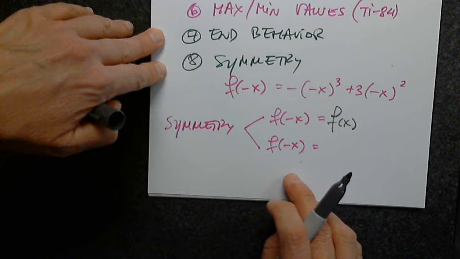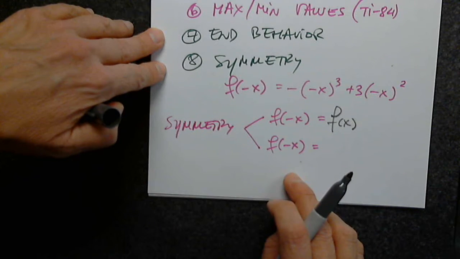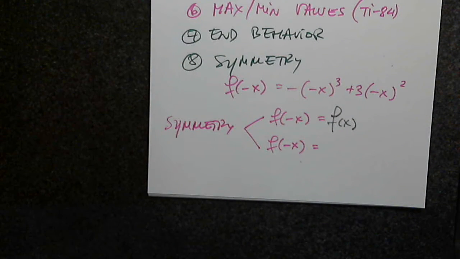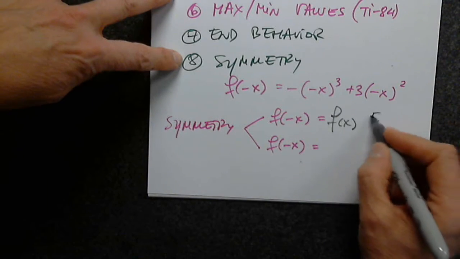What type of function is that? Always remember this: negative x, positive x, positive x, negative x. What am I trying to do with this function? Reflect with respect to the y-axis, so it's even.